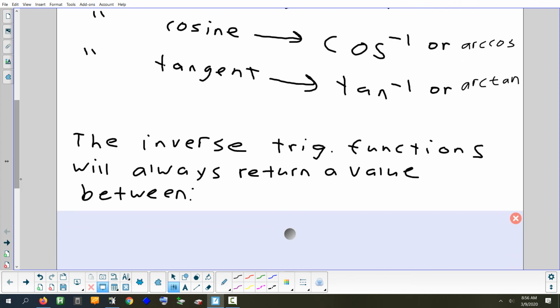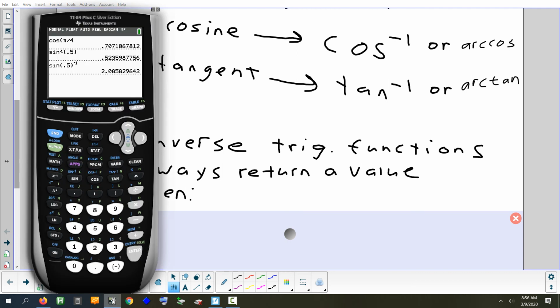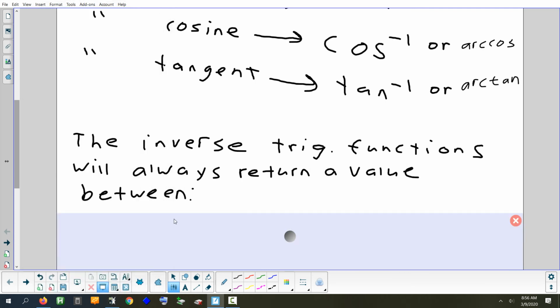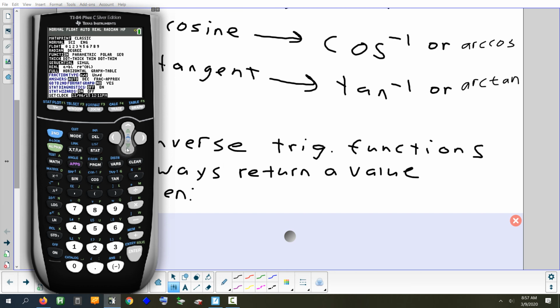So, whenever you do inverse trig, you're going to notice that your answer that you get, it always stays between certain numbers. Right? Let me just do a couple of them. Inverse sine of, let's do it in degrees, because that'll just make it easier for you to see.